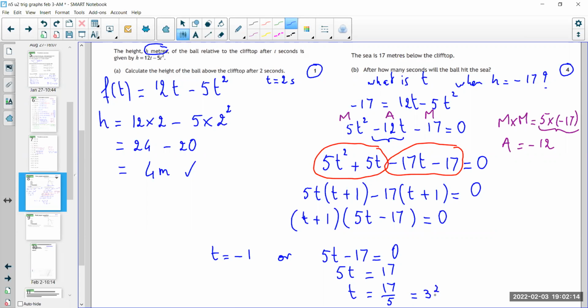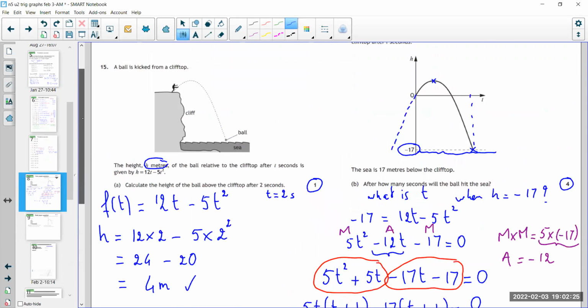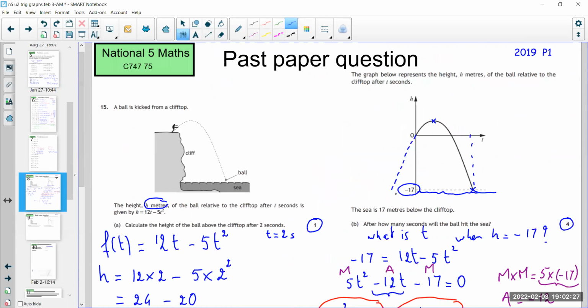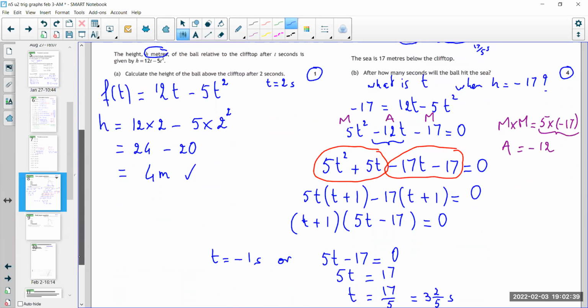So 3 seconds and 2/5. So either at negative 1 second we will be at that negative 17 line, or at 17 over 5 seconds we will reach this negative 17 level.